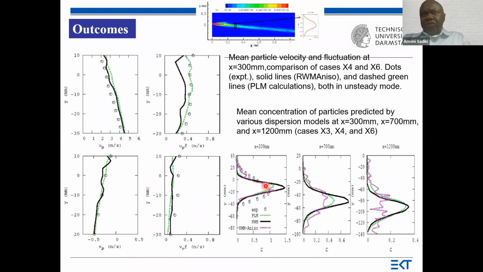And we see that if we calculate the mean concentration of particles predicted by these different dispersion models, we have a large deviation if we consider the random walk model, the isotropic one, while the anisotropic one follows the prediction of the Langevin model.